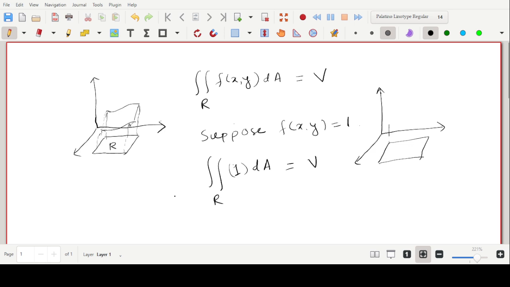So it is something like this. Something like this. So now we are in fact getting a rectangular cube having R as its base and 1 as its height.